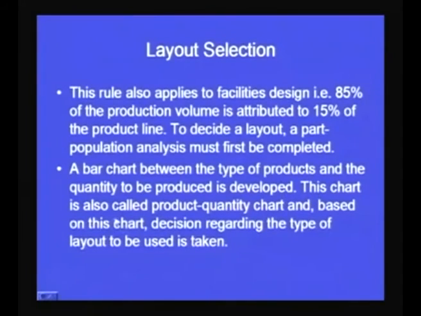This chart is also called the product quantity chart, and based on this chart, the decision regarding the type of layout to be used is taken. So basically, why are we going to do this analysis? We are doing this analysis in order to find out which type of layout we should use in our industry. So basically what we are doing is drawing a bar chart.